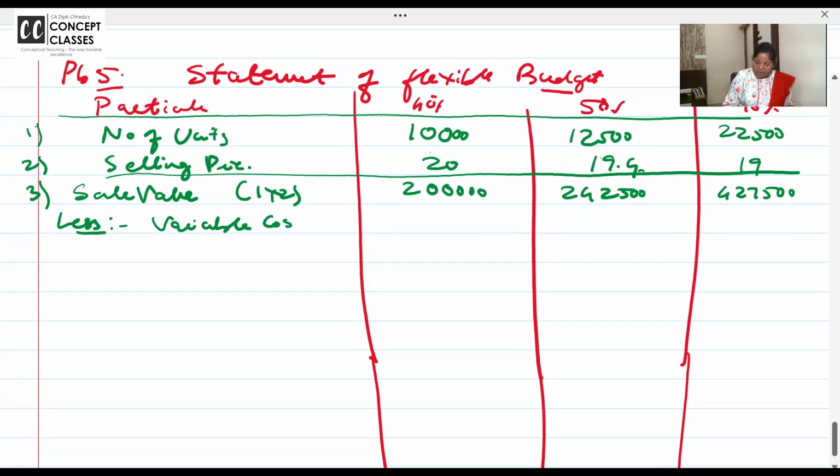Less variable cost. Material 10. Labor 3. Overhead has both.